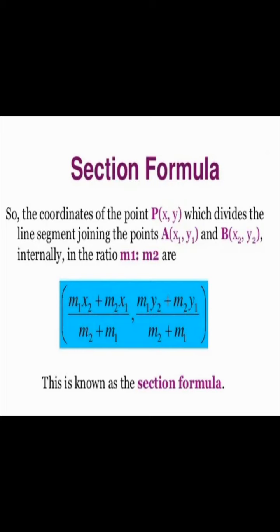That means the x coordinate of the point of division is (m1 x2 + m2 x1)/(m1 + m2), and the y coordinate of the point of division is (m1 y2 + m2 y1)/(m1 + m2).